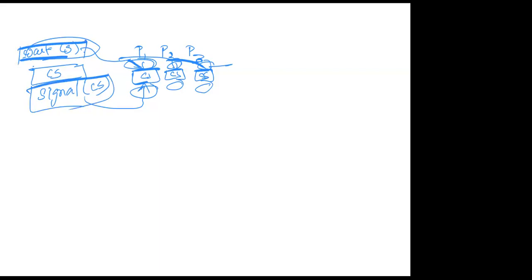So let's see what is inside the wait as well as the signal function. I already showed you this before. The wait function has one parameter, the semaphore, because today we will check these three properties of the synchronization mechanism. If s.value is equal to 1, it means there is no process inside the critical section; the critical section is free.